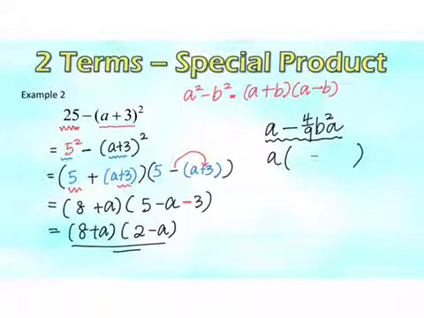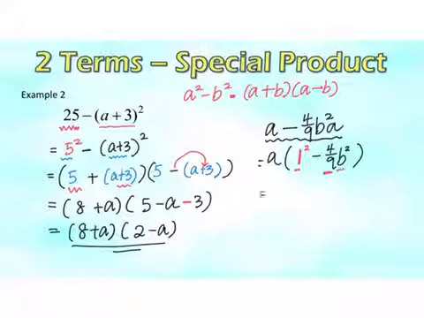Common mistakes by students is they will write a 4 over 9 b square, and they will leave out the one term, the term over here. Now a divided by a is actually the number 1. Now 1 can actually be written as 1 square. Now what can we do with the number 4 over 9? 4 over 9 can actually be written as 2 over 3 whole thing square.